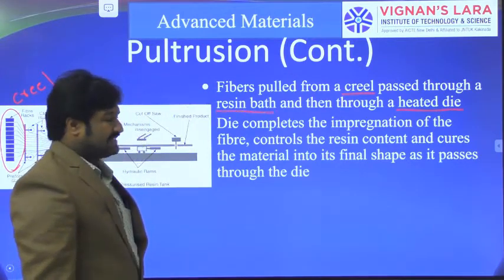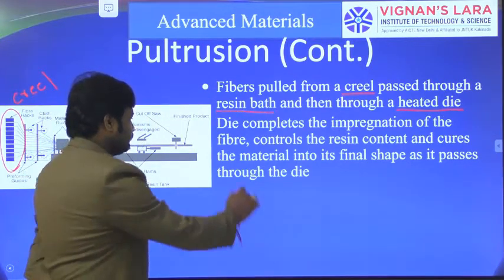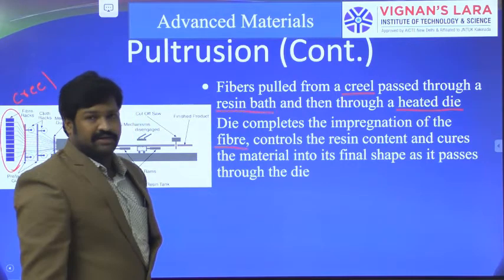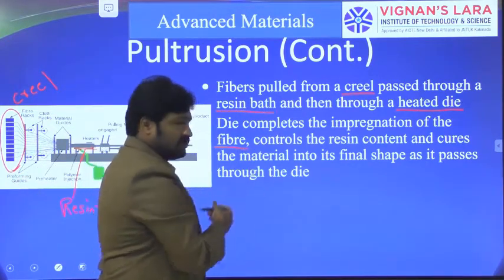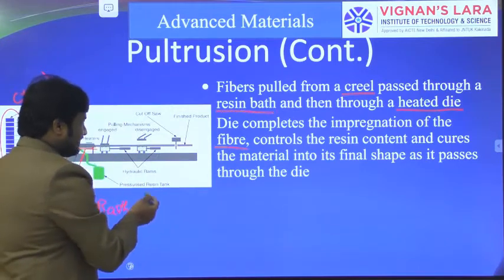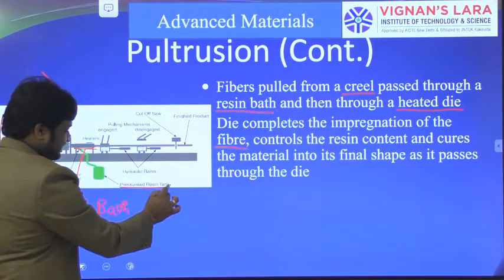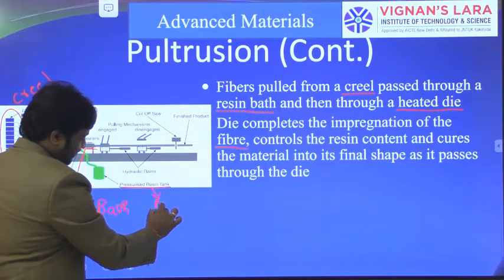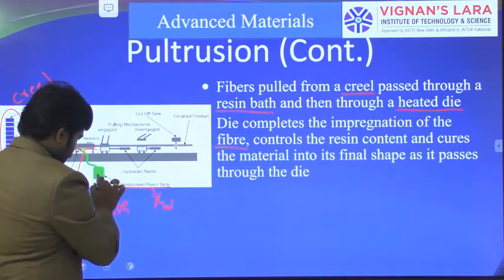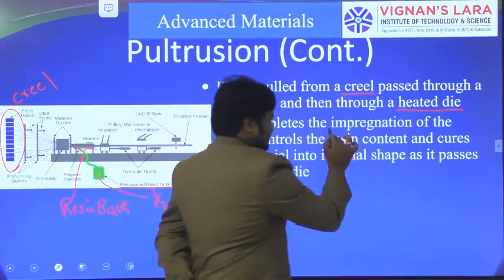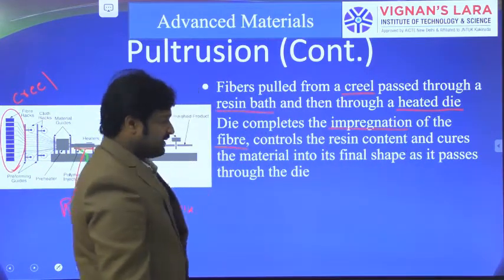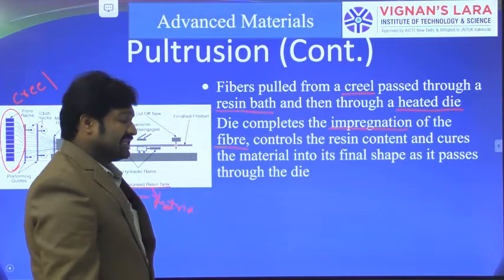Next, the die completes the impregnation of the fiber with matrix. The matrix is none other than the resin. So here is the pressurized resin tank. This is our matrix material, and our fibers are impregnated with it. It controls the resin content.